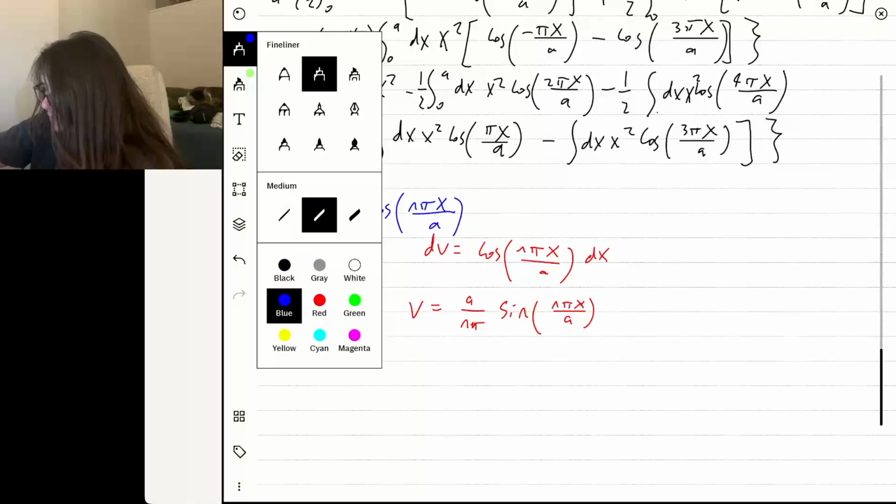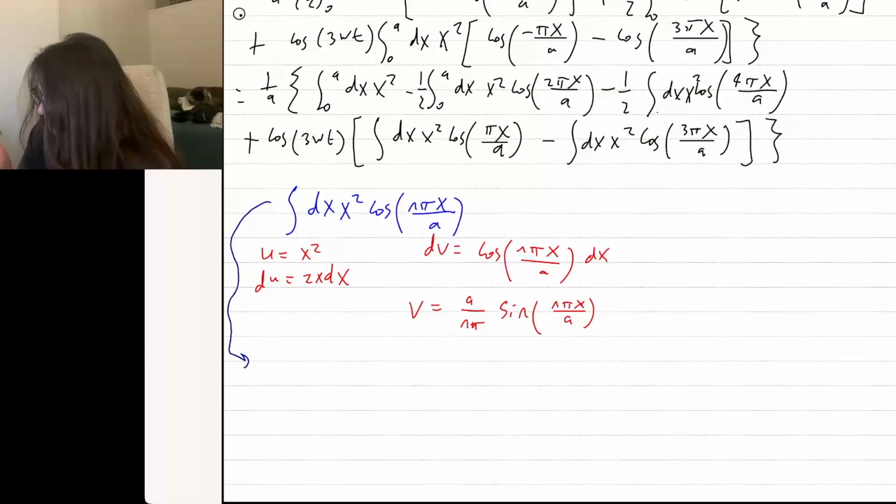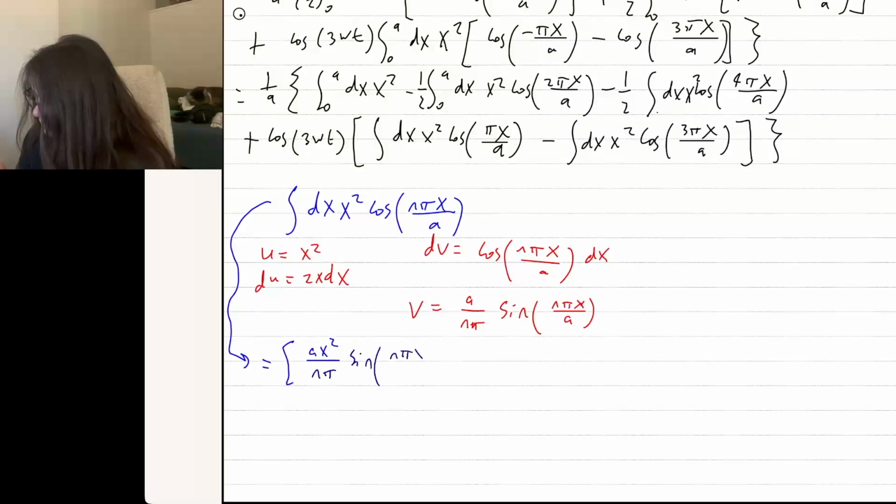So this is going to be equal to uv, so a x squared over n pi sine n pi x over a, evaluated from 0 to a, minus the integral dx.